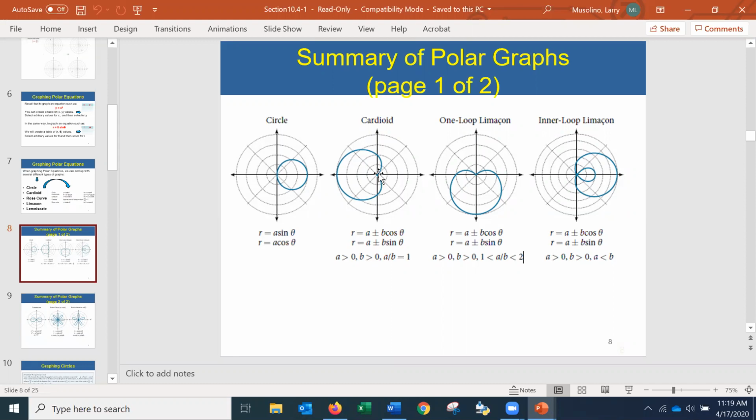You might think about the microphone and the angle between the speaker. And so there's a graph. If you buy any microphone, you'll get a graph that looks like a cardioid. And it's showing you, you can think of it as the accuracy of the microphone in relation to the location of the speaker. There's a lot of examples where these polar graphs come into play.